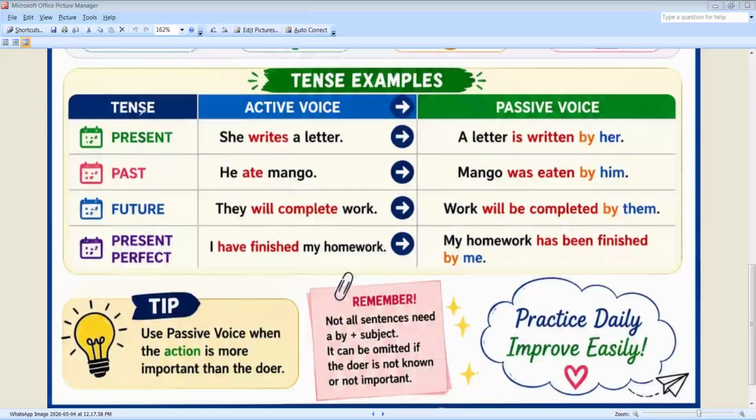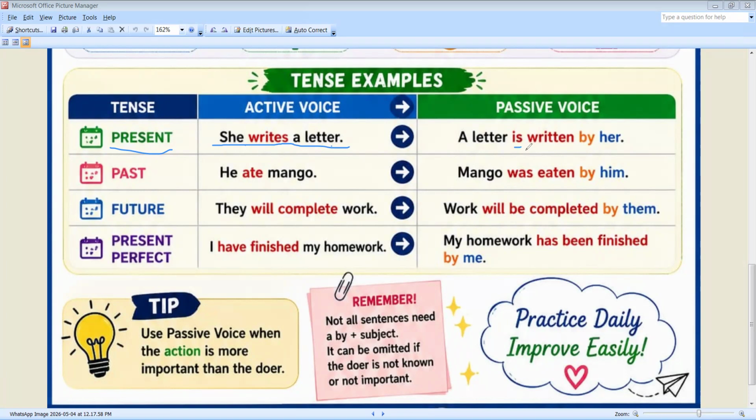If the tense is present: she writes a letter. Simple. She is the subject, writes is the verb, a letter is the object. In passive voice, a letter comes first as the subject, and there will be a helping verb, we use is here, and the verb must be in v3 form.